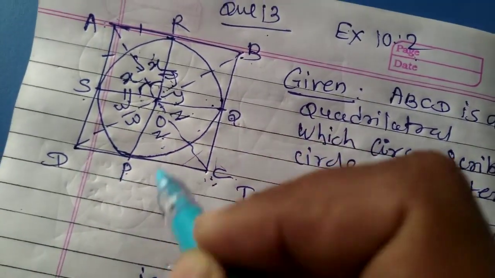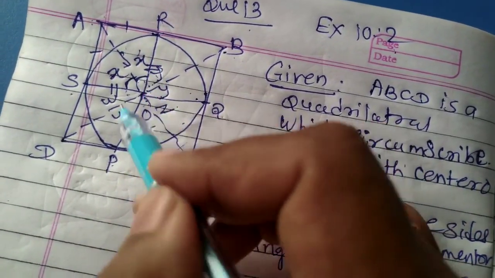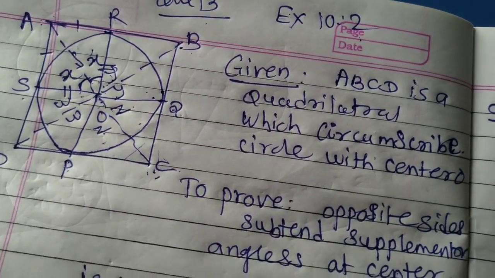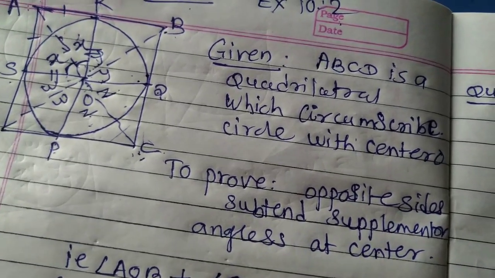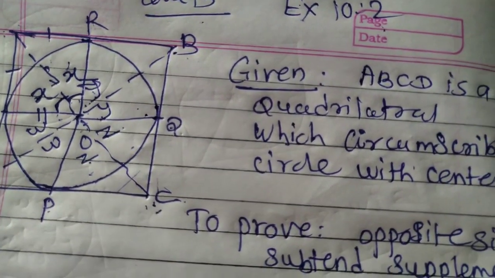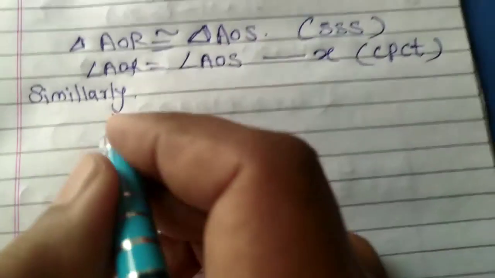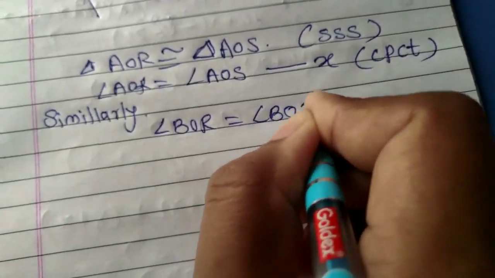Means there are four pairs of triangles which are congruent, and in simplicity we can write four pairs of angles which are equal. Just write down all the pairs similarly, no need to write the proof again. The second pair is angle BOR equals angle BOQ.